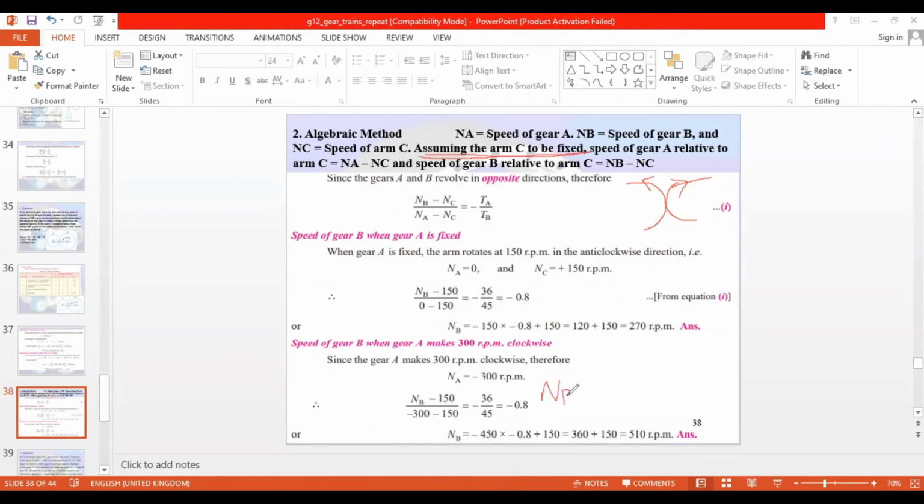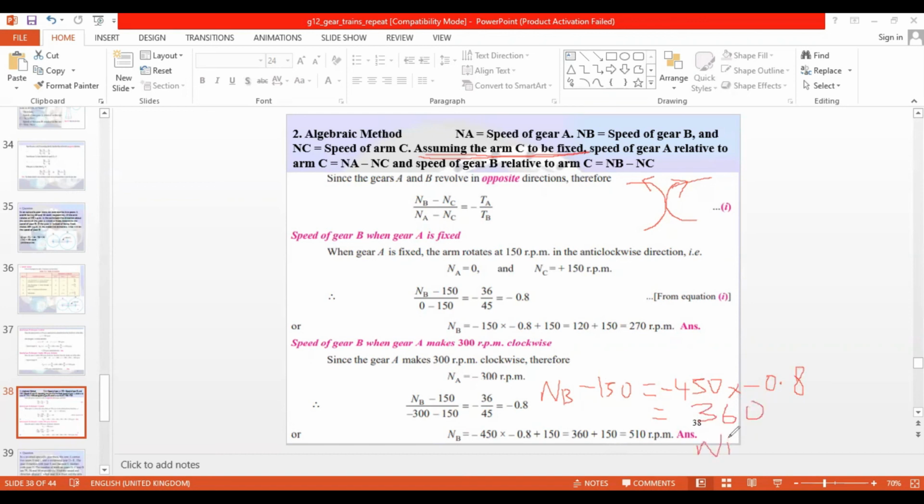If I write it out, NB minus 150 is equal to minus 450 into minus 0.8, and minus into minus is plus, so 450 into 0.8 equals 360.